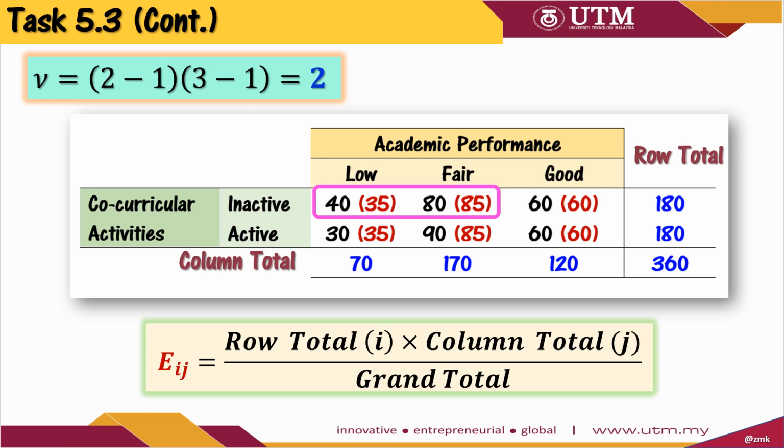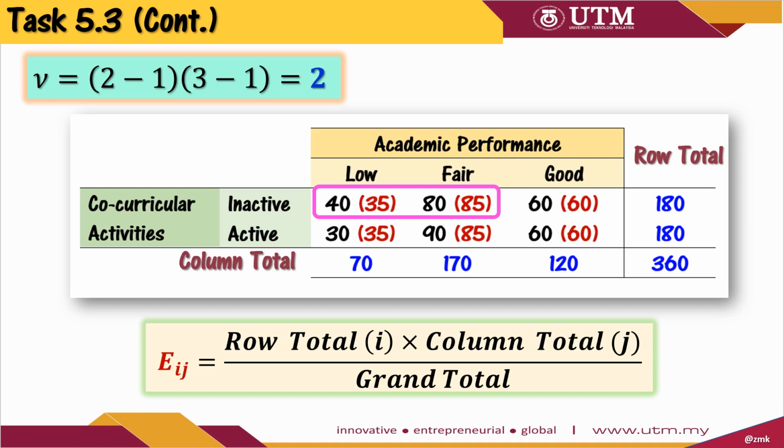Well, the rest of the Eij values can simply be obtained by completing the table, since we know that the sum of Oij must be the same as the sum of Eij, either across the rows or across the columns.